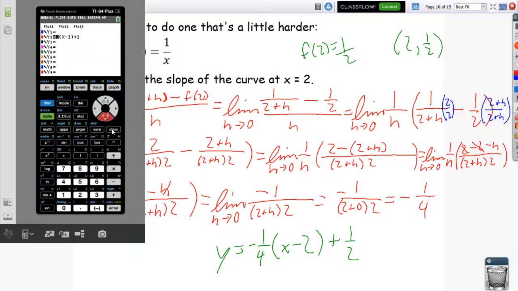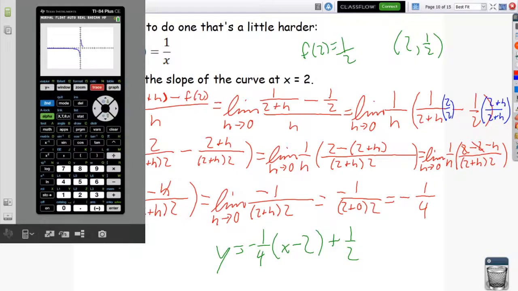Clear this stuff out. I can put the original function into y1, 1 over x. Remember we were dealing with f of x equals 1 over x. And in y2, I can just type in negative 1 quarter times the quantity of x minus 2, plus 1/2.